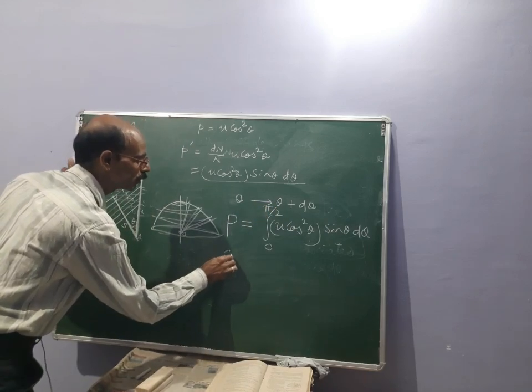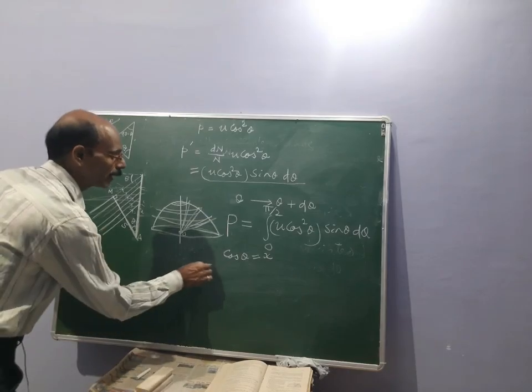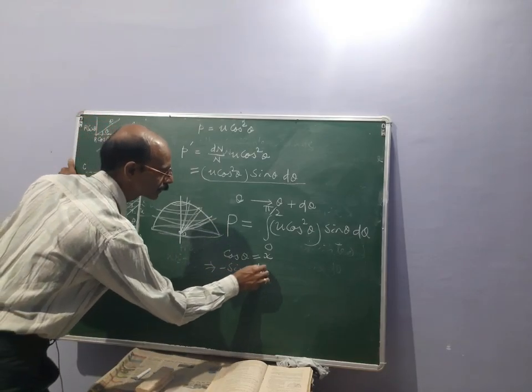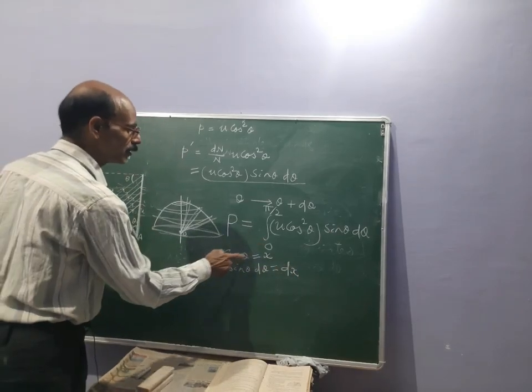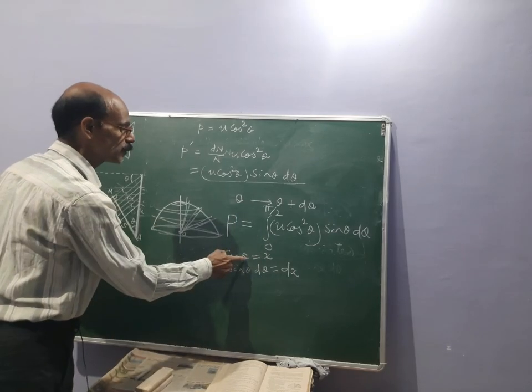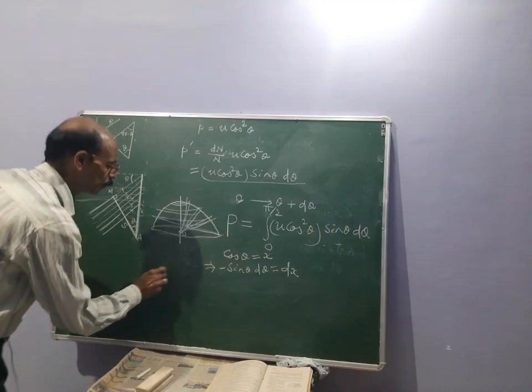Now substitute cos θ equal to x. Then minus sin θ dθ is equal to dx. When θ is 0, x is cos 0, means 1. When θ is π by 2, x is cos π by 2, मतलब 0.